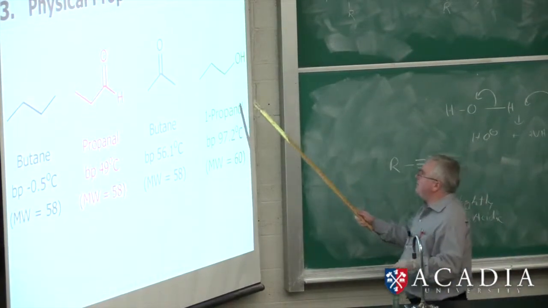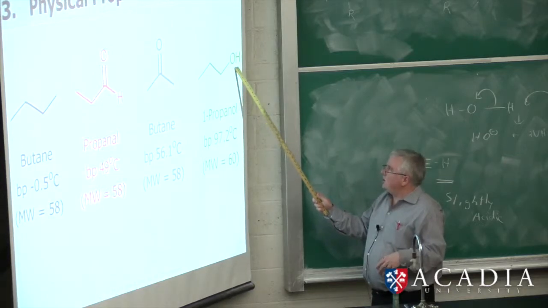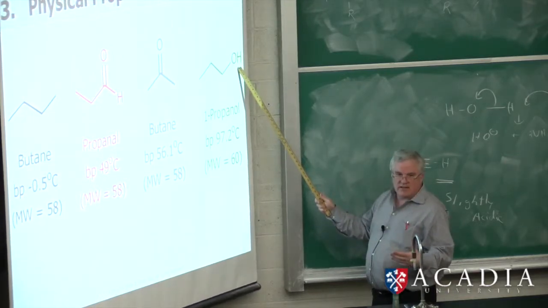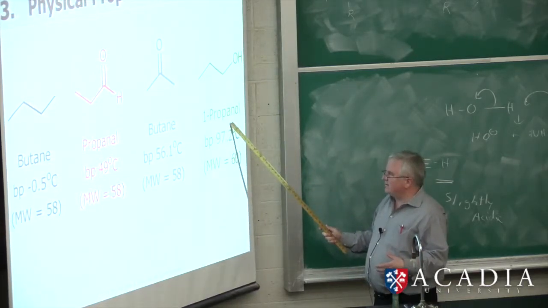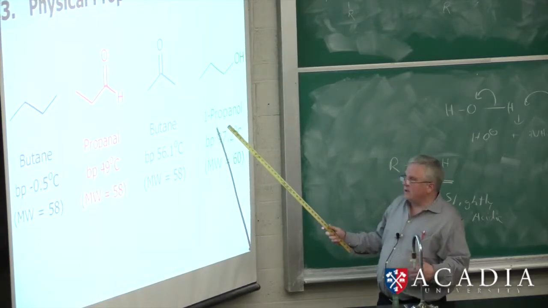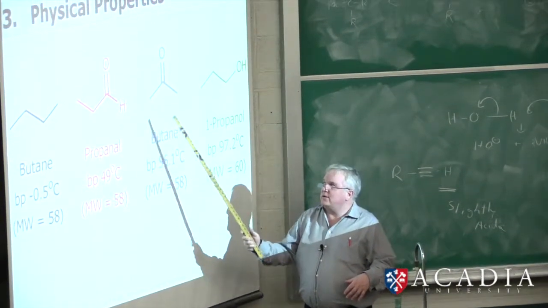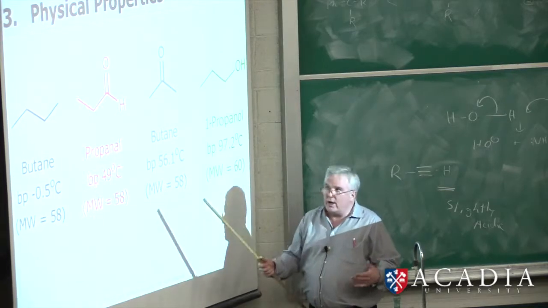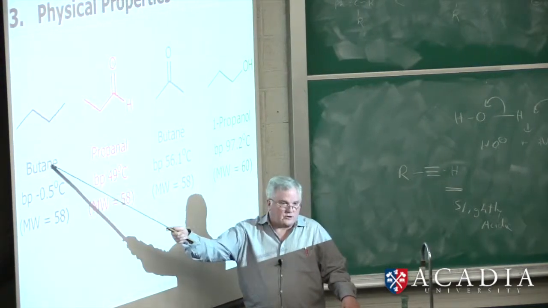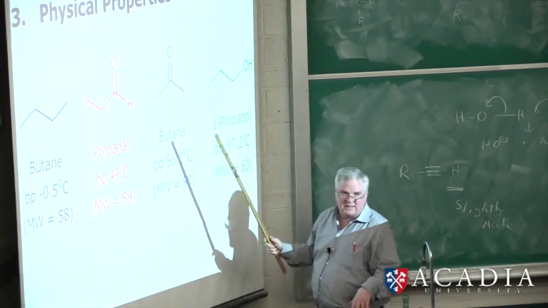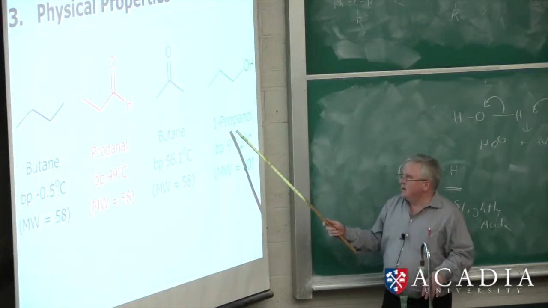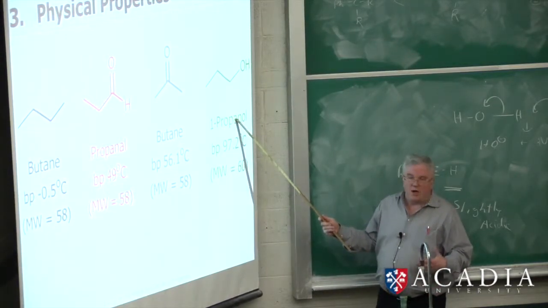It's a polar compound, and it also has activated hydrogens that can take part in hydrogen bonds, so alcohols tend to be quite high boiling. Ketones and aldehydes are higher boiling than their counterpart alkanes, but not as high boiling as their alcohol counterparts.